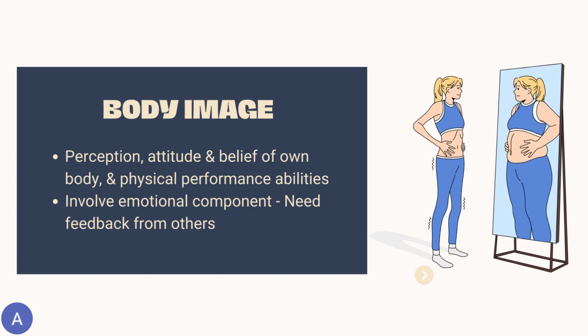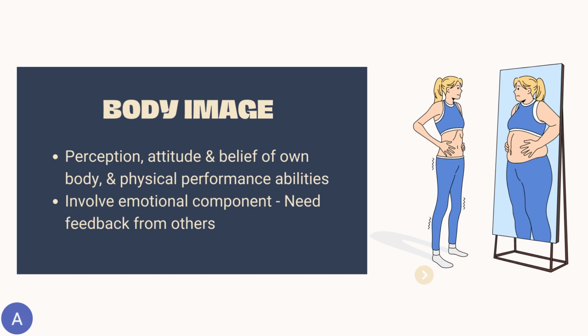It could be that you see yourself as very fat, or very slow, but in real life, if you compare with your friends, you are just at the normal level, not very fat, and your speed is just okay.